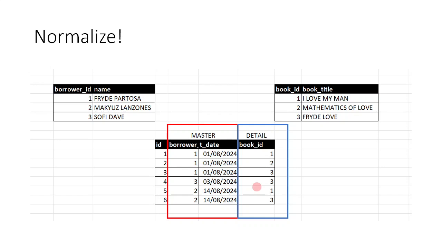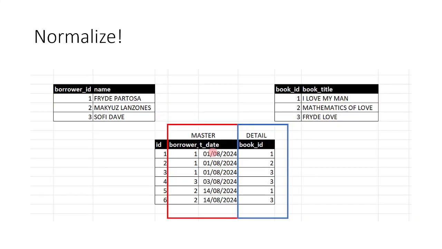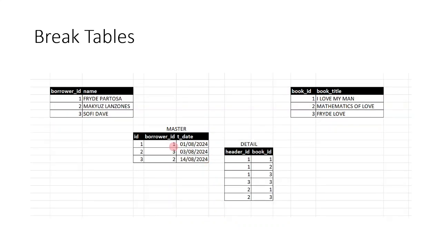To separate them, we now have this setup. Instead of three records for the borrower ID and the date, we have just created only one record.